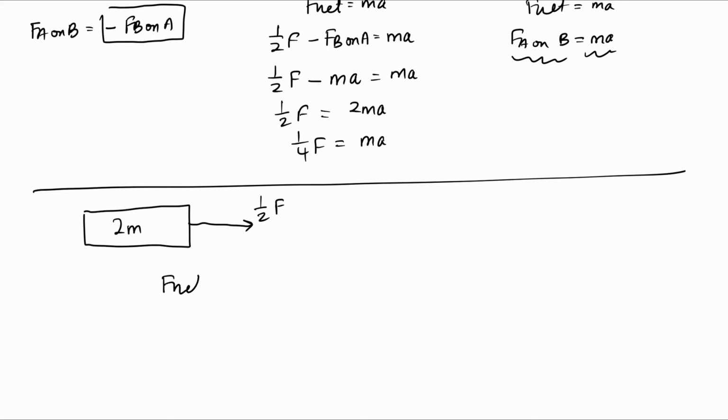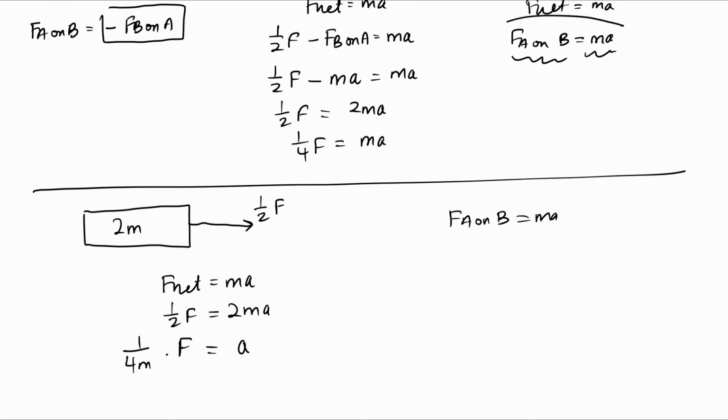So I'll say that F net equals MA, then half F is equal to 2 MA. Now I can solve for A here. So A is going to equal 1 over 4M multiplied by F. Now I can say that the force of A on B is equal to MA.